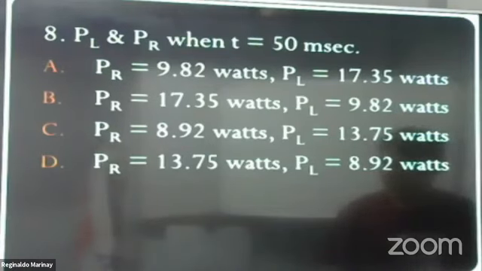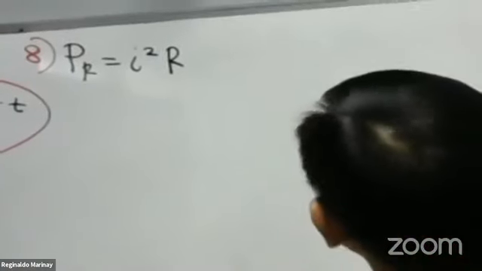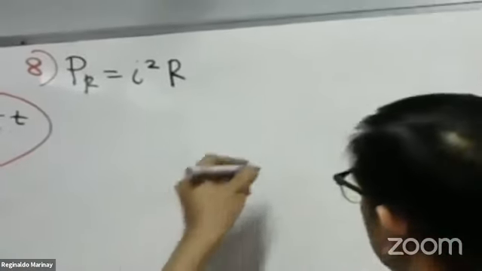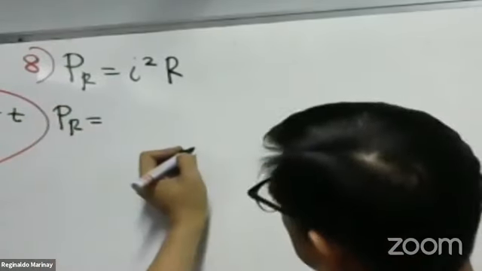I will write down the formula first. Our PR, guys, is simply equal to I squared R. That is our formula.